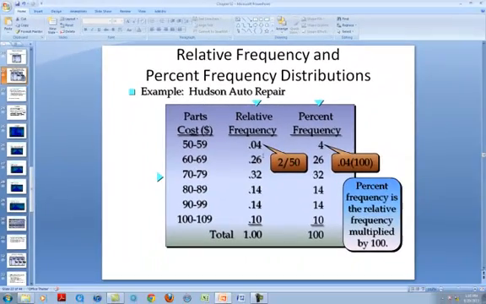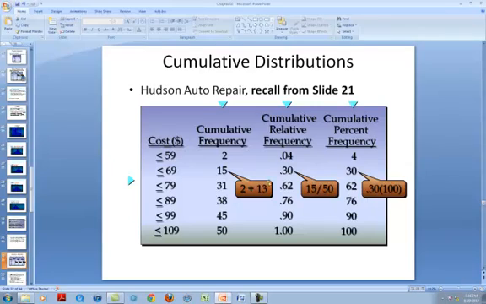Hence, the observations that are less than or equal to 69 must be 0.04 plus 0.26 or 0.30. This is exactly this observation. I will leave it to you to see for yourself how to construct the cumulative percent frequency column.